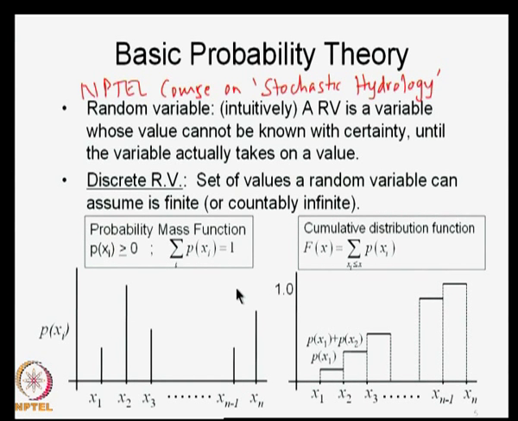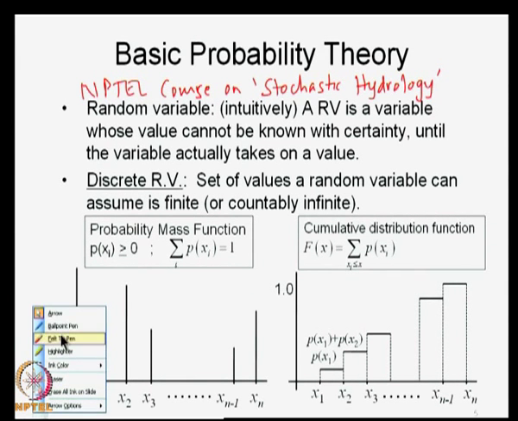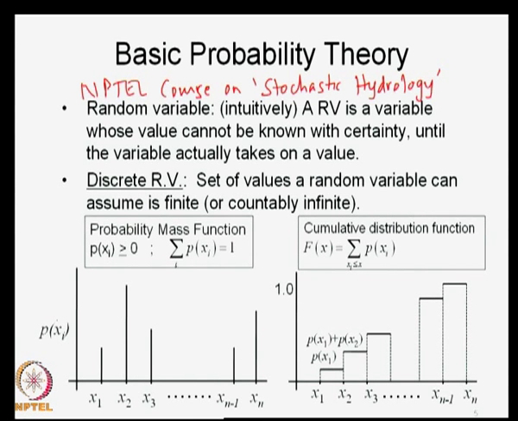We now go to the continuous random variables, and one more important point that you must remember is that we denote by capital letters the random variables themselves, and by small letters the value that the random variable takes.